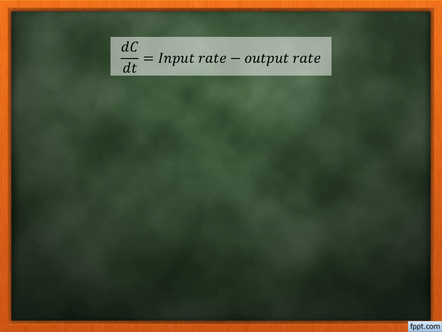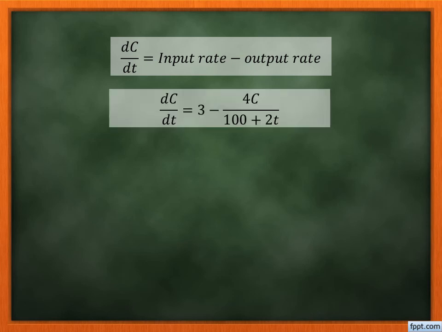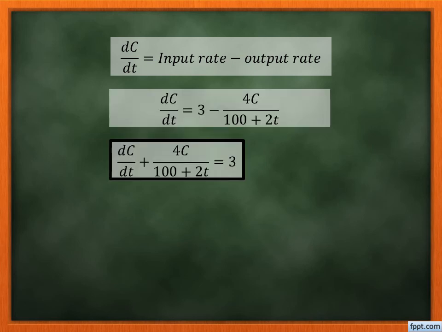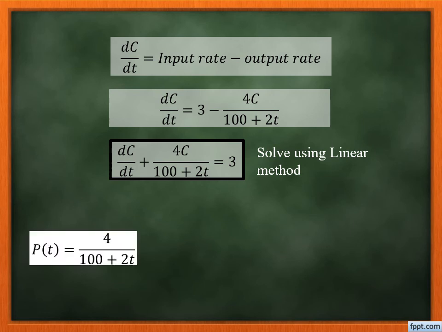So we have the input rate and the output rate. So we can now solve for the mixture problem wherein the rate of change of concentration of the substance in a container is equal to the input rate minus the output rate. Substituting, we will have this equation, and observing it, that is actually a linear equation, and we can solve using the linear method to get the general solution.